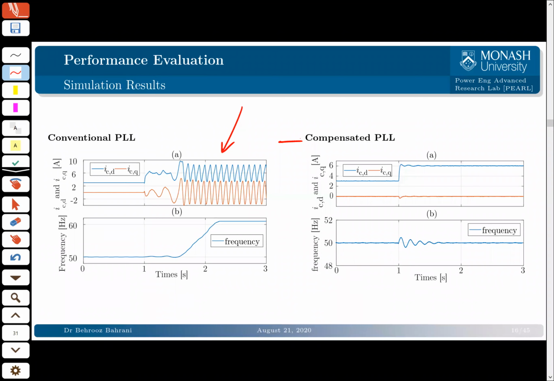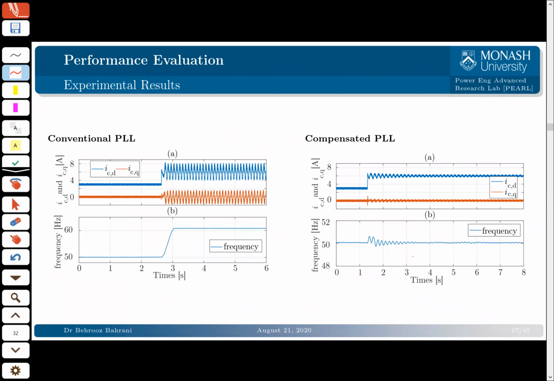With the compensated PLL though, we could compensate for the self-synchronization loop of the grid-connected VSC. As you see, upon a change in the current, for example in the D component, everything is fine. We can track the reference very well. There are of course some oscillations in our frequency, after all it's a very weak grid, but we can maintain the stability of the system.